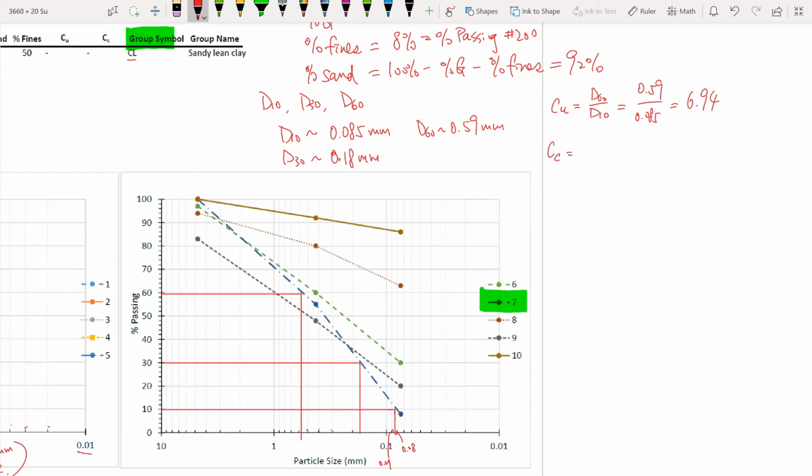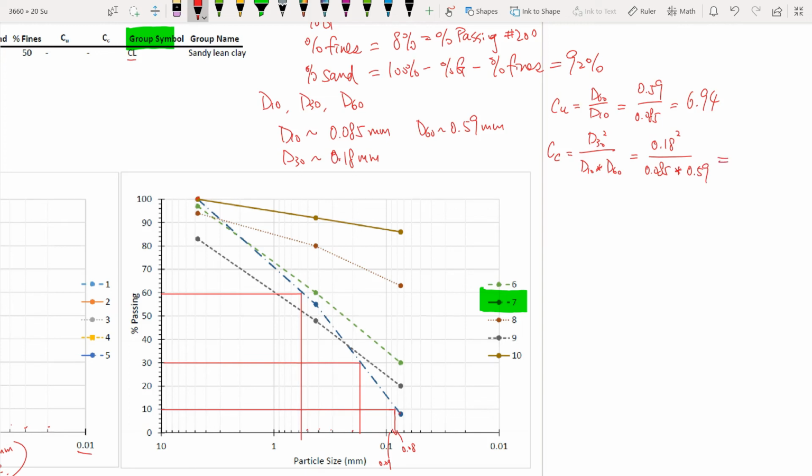Likewise, we also need to find Cc, which is D30 squared divided by D10 times D60. So that is 0.018 squared, divided by D10, which is 0.085, times 0.59.